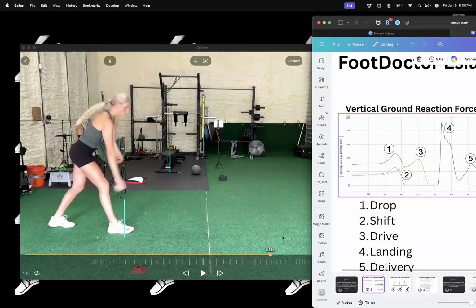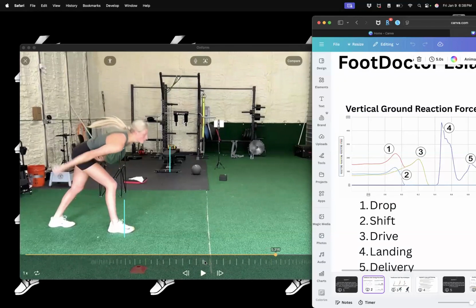When we have that biggest spike, all I'm looking at when I'm assessing an athlete is where those spikes occur. For her, you can see that she's got a flat foot on both feet. So even though that spike is going to be high here, you're going to see the back foot and the front foot pretty close to each other, both giving off excess body weight.